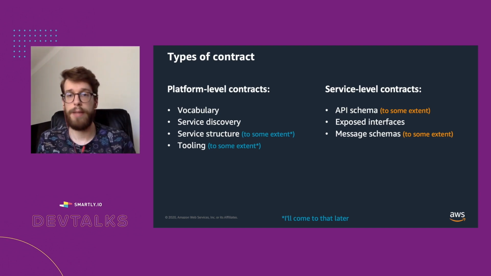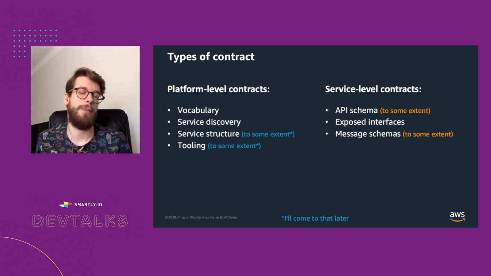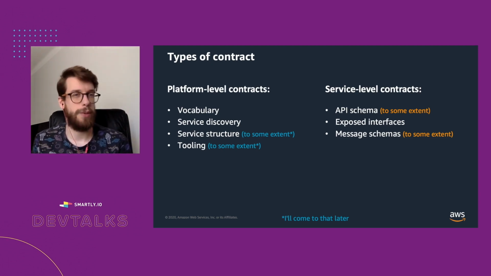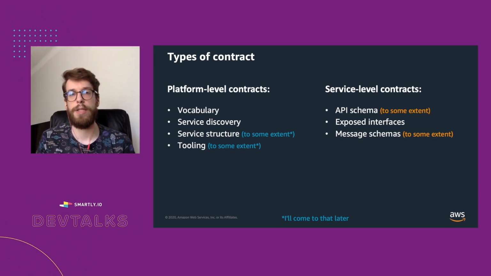There are things that make sense throughout the platform, and we should agree on what it is, what the name is, so that we don't have confusion between different microservices on how we call things. If one's calling it product, and the other one's calling it item, and the third one's calling it object, that might be confusing because we might not be speaking about the same thing. Then there's an aspect of how do we do service discovery? How do we structure services? What tooling do we use to some extent? I'll get into this a bit later.